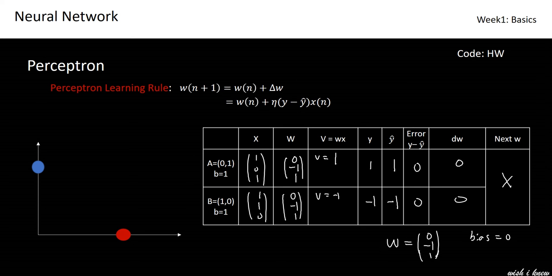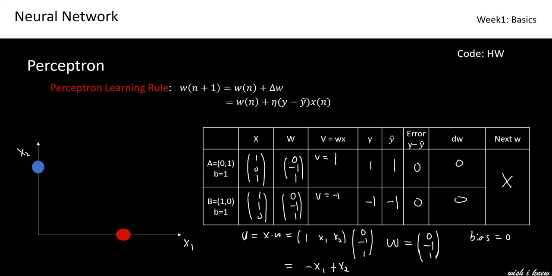And the coefficient for x1, and there's x2. So v is now like this: -x1 plus x2.